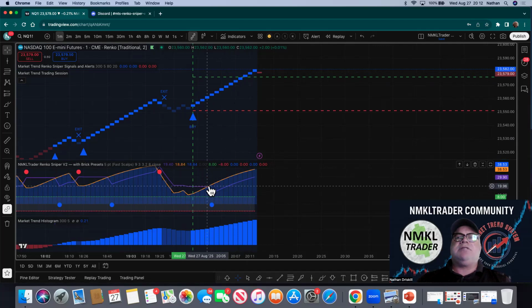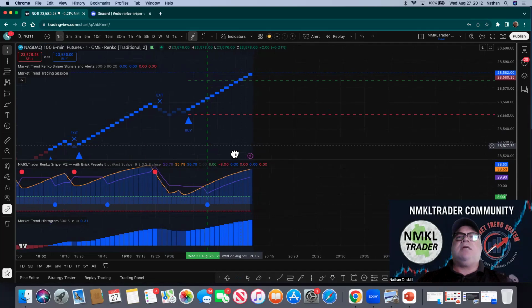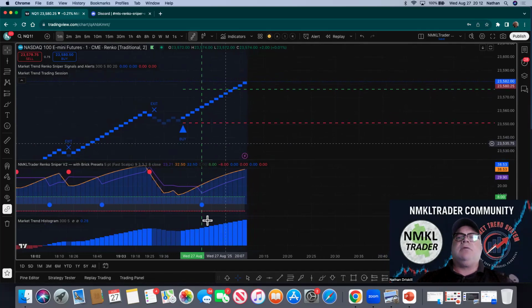Well, it took place right here, but the next bar is right here. So what we're going to do is go ahead and move this bar on over here. And yeah, this circle could represent that as well. Okay. And you look down here, this is what I'm looking for.